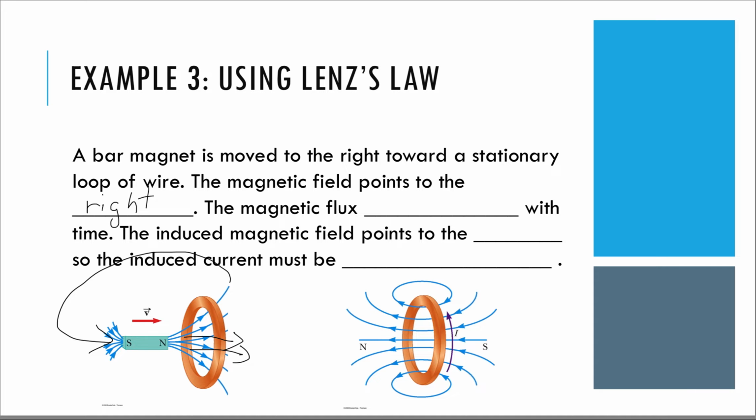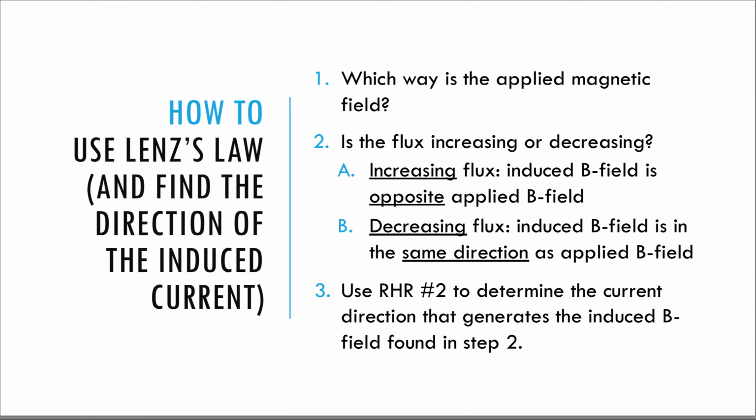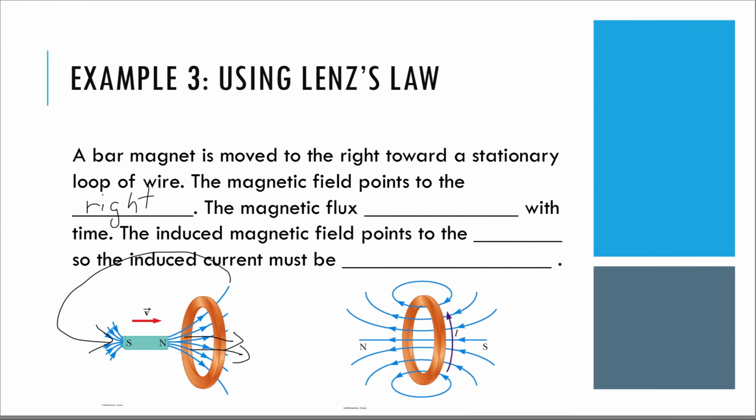Step number 2, is the flux through that loop increasing or decreasing? Well, the magnet is getting closer to the loop. We know that the closer you are to the magnet, the closer those lines are, the stronger the field. So if the magnet is getting closer to the loop, that means that the field through the loop is increasing. That means that you are increasing the flux through that loop. So the magnetic flux is increasing with time.